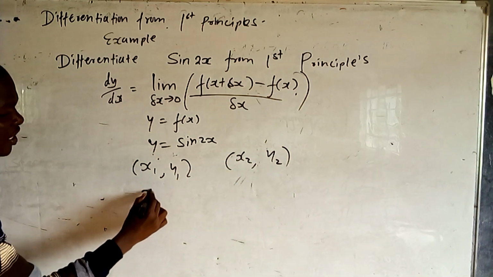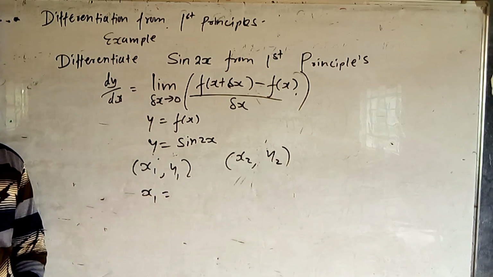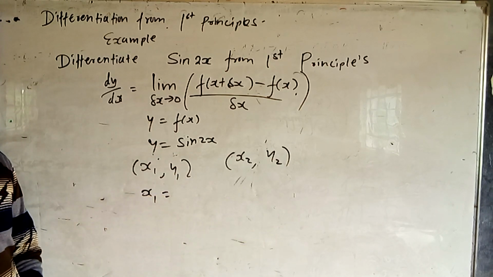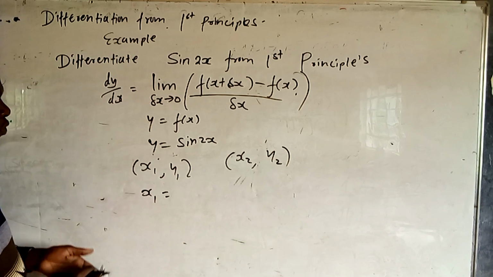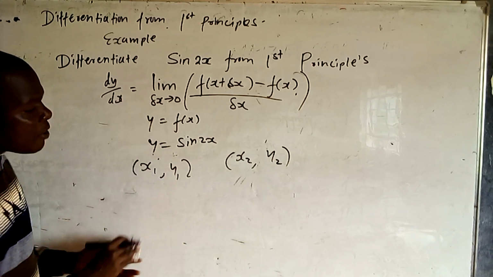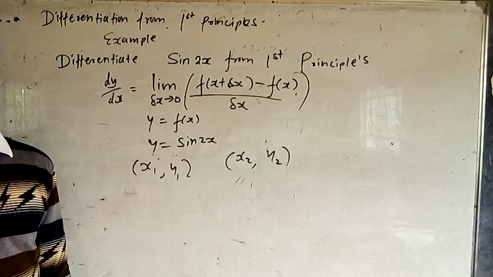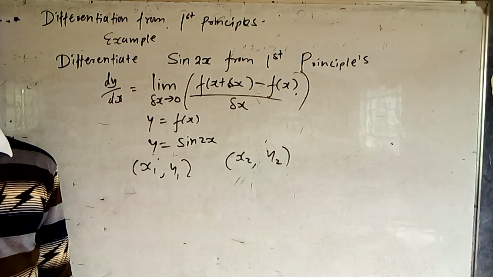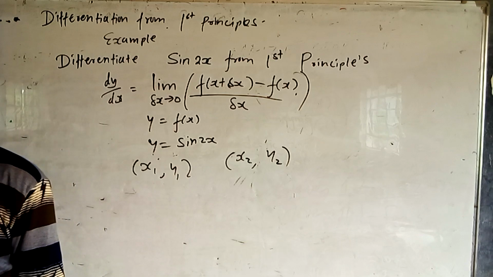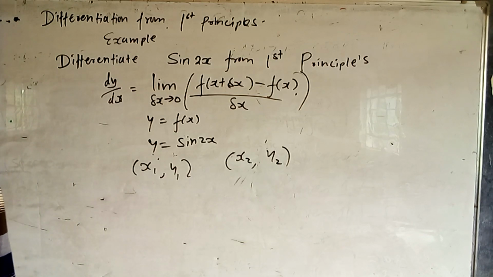Then you start listing. What is x1? For you to determine the gradient, 1 point is known and 1 point is unknown. The unknown point is always the arbitrary point, a point which can lie anywhere along the curve.